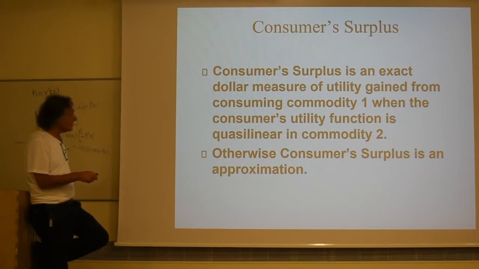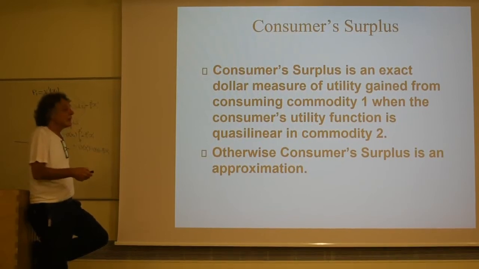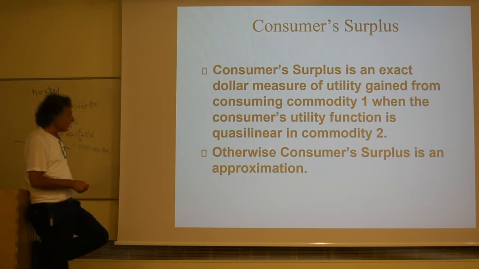Consumer surplus is an exact dollar measure of utility gain if we are talking about a quasi-linear utility function, quasi-linear in commodity 2, namely commodity 2 is the numeraire or money. Otherwise, consumer surplus is just an approximation.